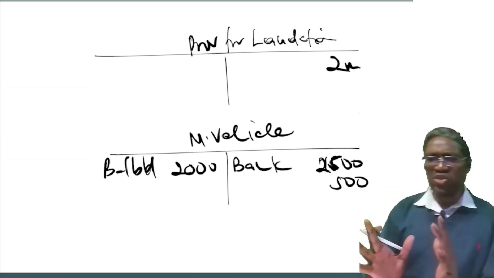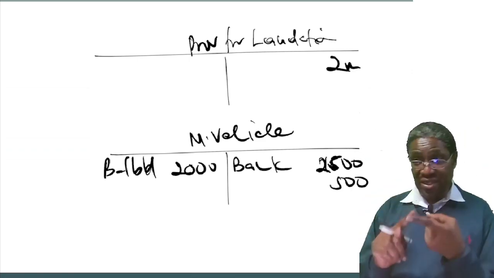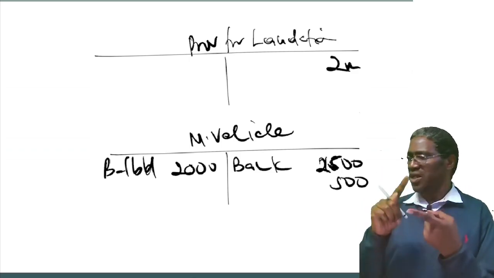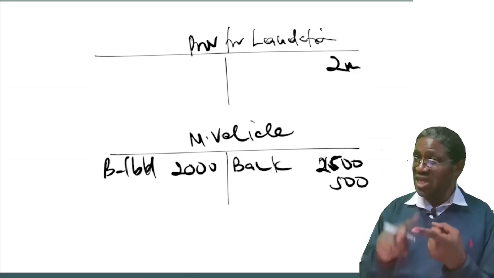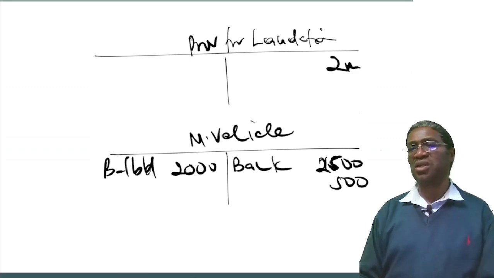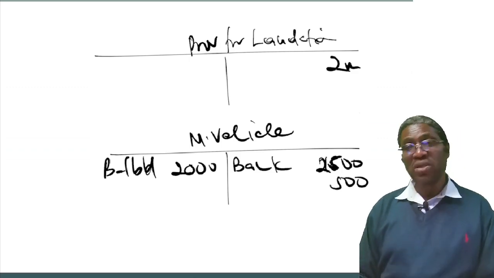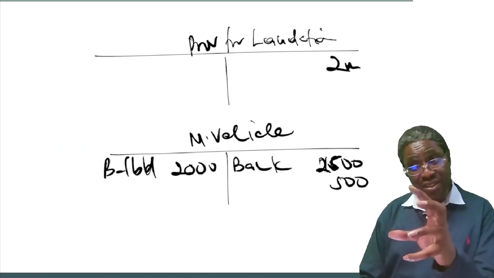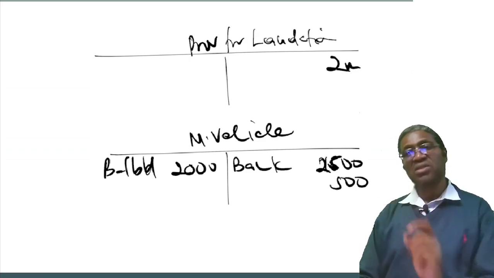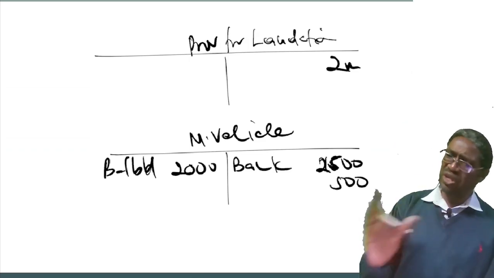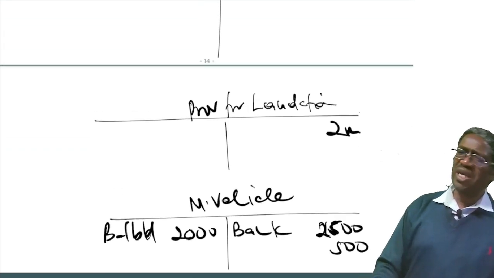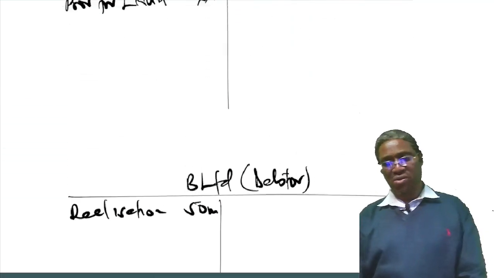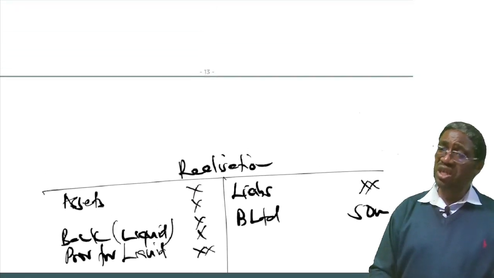So that's our entry number 5, which says with any assets not taken over by the purchasing company, but sold by the selling company, you will debit bank, credit asset. Good. Then with the balance in the asset account being either gain or loss on disposal, take it to the realization account. Good. That's our entry number 5.